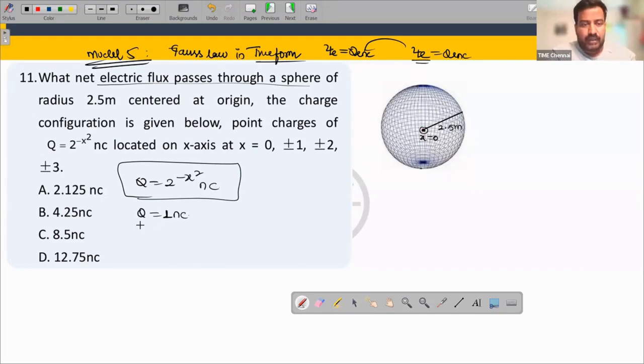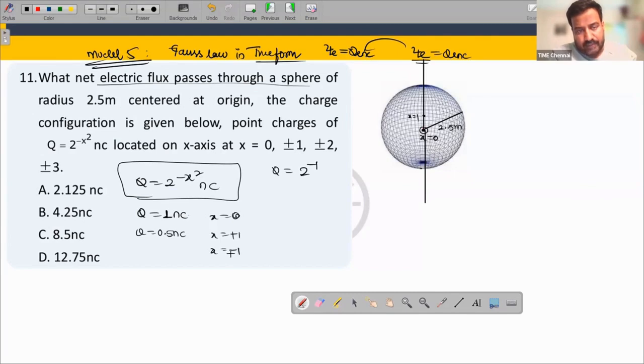At x equal to plus 1, if you calculate, q is 2 power minus 1, or 1 by 2, 0.5 nanocoulomb.